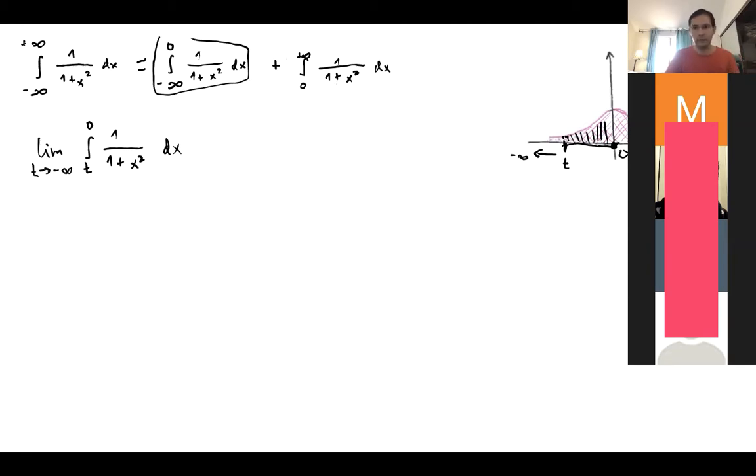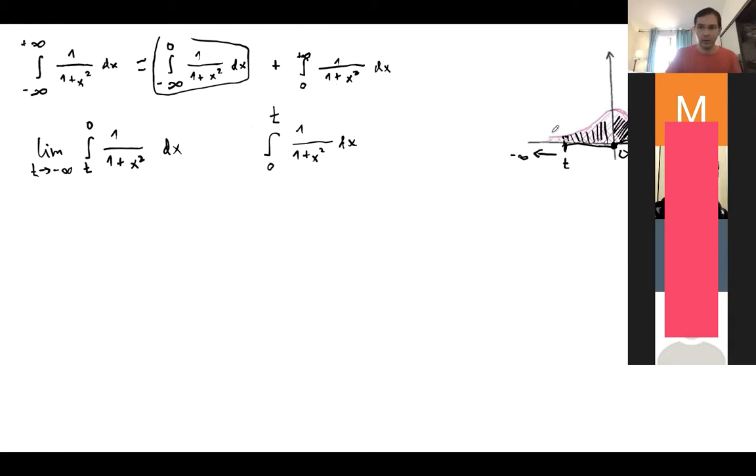So what I have to do is fix some point t, or maybe parameter t, that's bigger than 0. And then I will integrate this function from 0 up to t. So I'll be looking at this area, from 0 up to t of this function, 1 divided by 1 plus x squared dx.